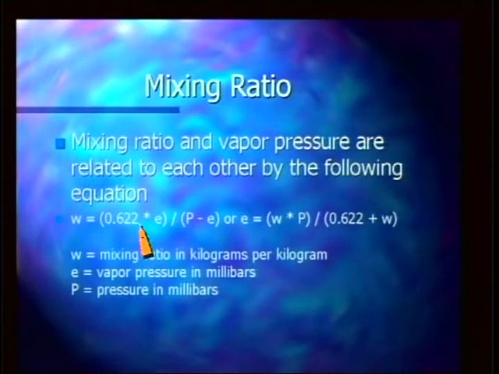So you need to know what the vapor pressure is and the pressure, and those two bits of information can be used to find what the mixing ratio is. We can rearrange this equation to solve for E, where E, the vapor pressure, would be the mixing ratio times pressure divided by 0.622 plus the mixing ratio.